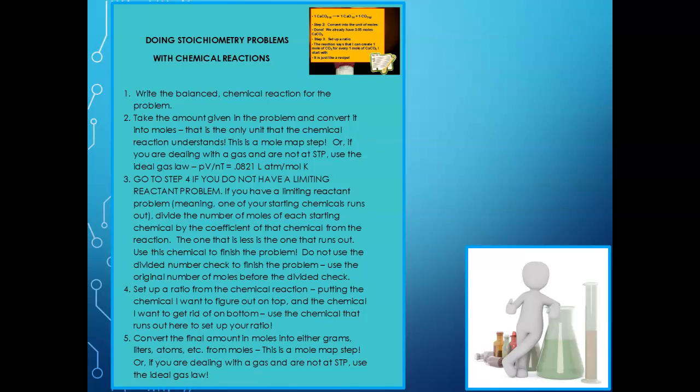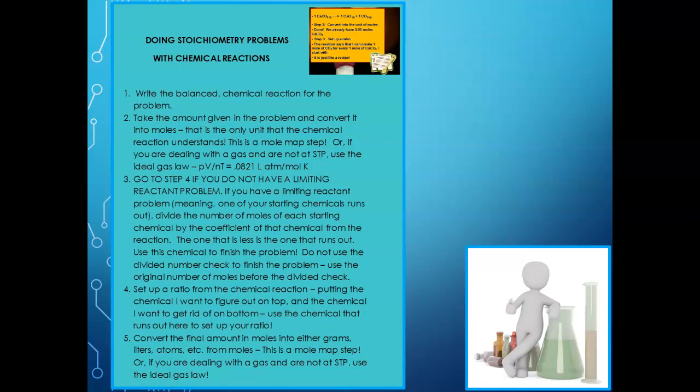If we have a limiting reactant, which we're going to get to what that means, we do step 3. Otherwise, we skip it and go straight to step 4, which is to set up a ratio. We're going to put the chemical we want to figure out on the top, the chemical we have on the bottom, and that's going to get us our ratio of what we're going to get. And then we need to convert the final amount.